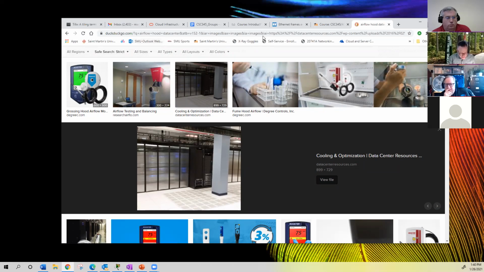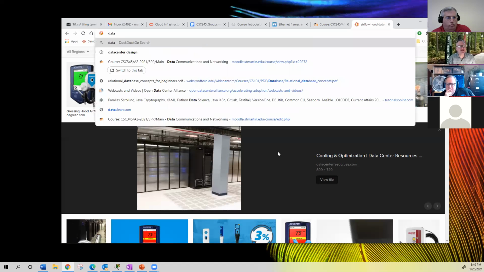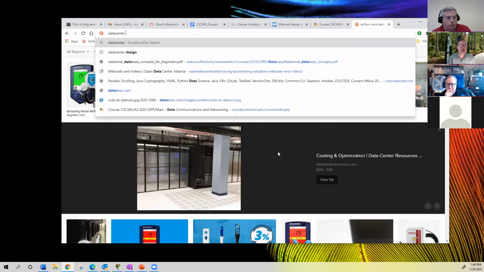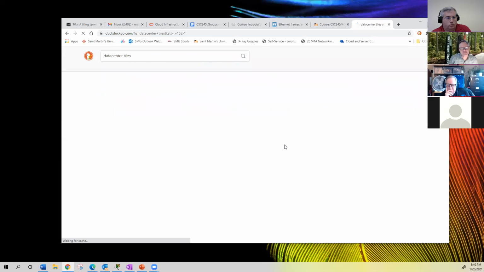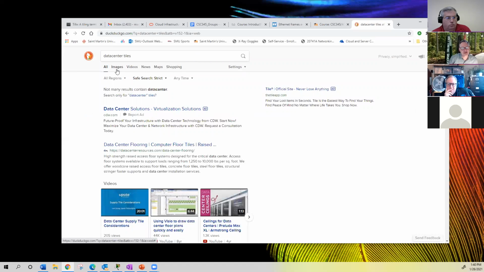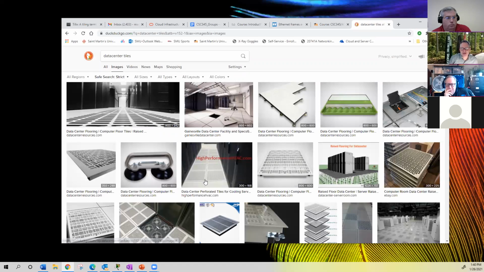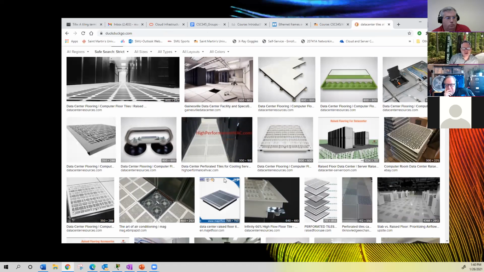So these data center tiles, you want to cap those off. These tiles where they don't need to be, you need to. This little thing right here is a suction cup.